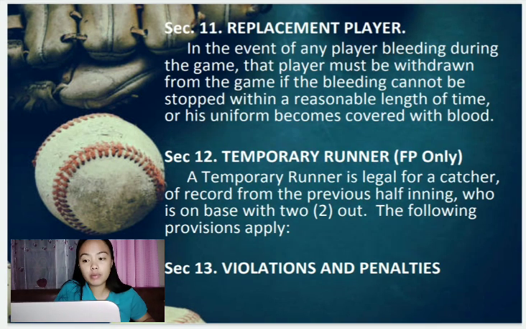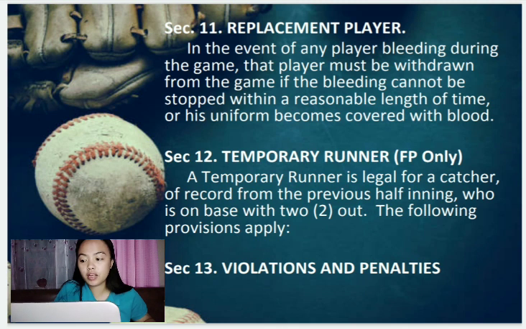Next, Section 11, the replacement player. In the event any player is bleeding during the game, that player must be withdrawn from the game if the bleeding cannot be stopped within a reasonable length of time, or if his uniform becomes covered with blood.